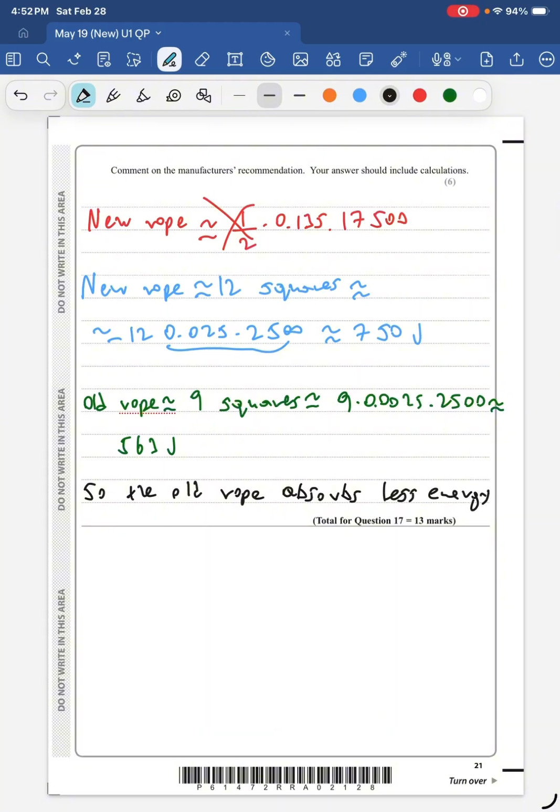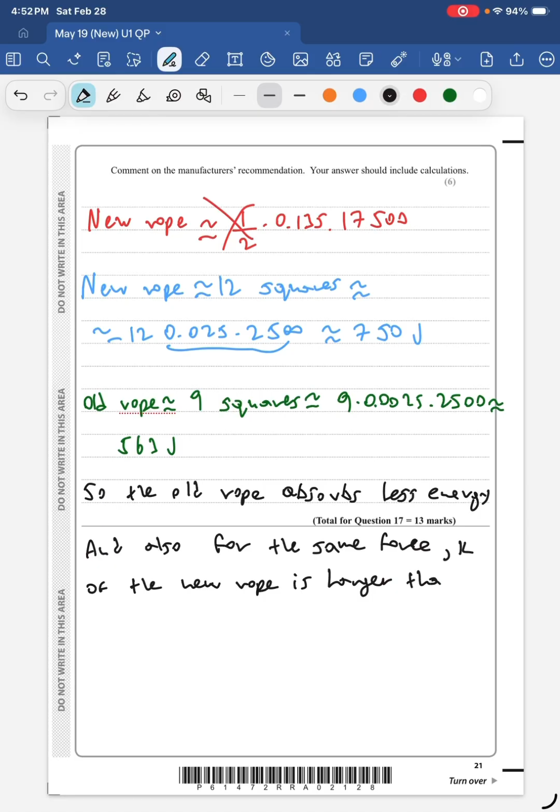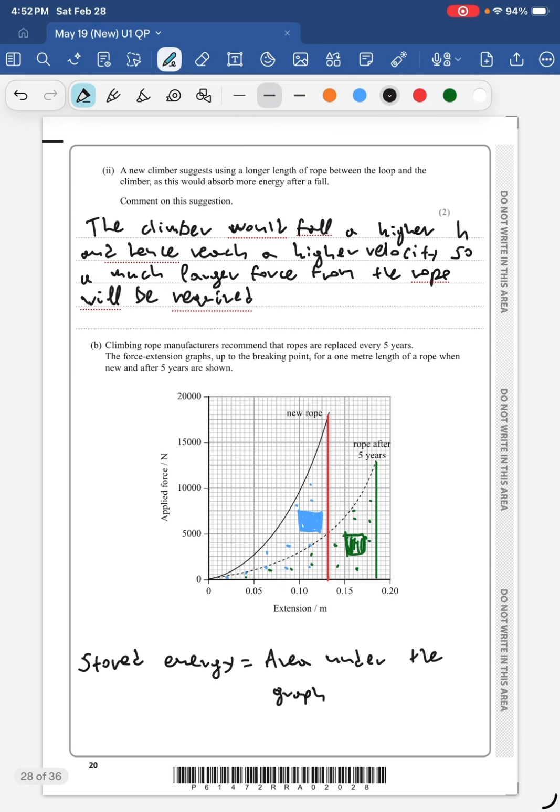And also, for the same force, K of the new rope is larger than K prime of the old rope. Even though it's not asked, you can actually calculate. Let's use orange.